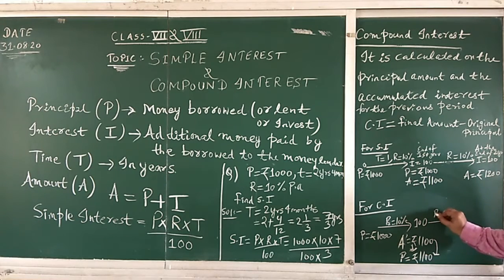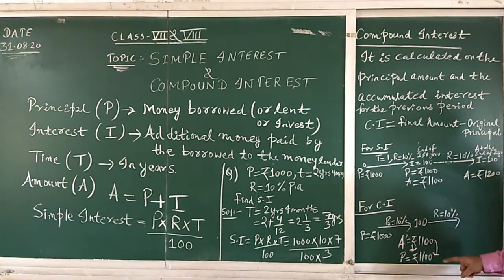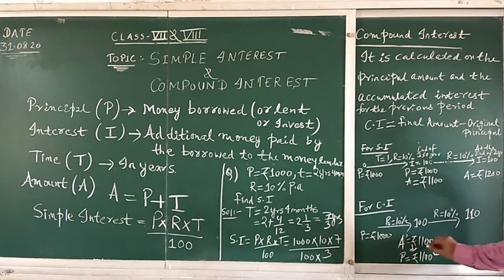The rate is the same, 10%, and when you charge 10% on this principal, this becomes 110 rupees. Now this 110 rupees, when you add it to this 1100, gives 1210 rupees. Here, in simple interest, the amount was 1200.